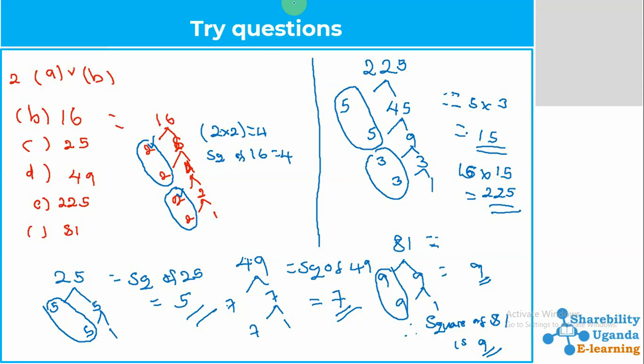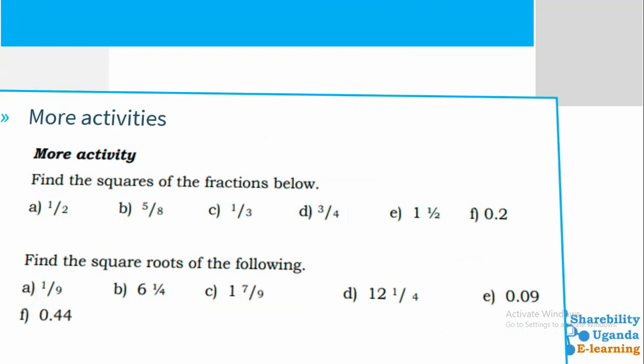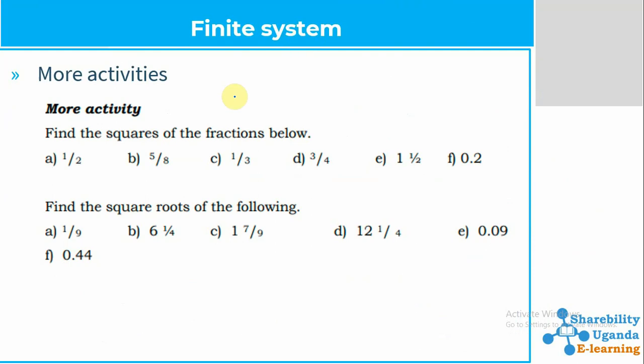So the next of our questions that we are going to solve shall also be part of this. These are our questions that we are going to be solving in our next lesson.